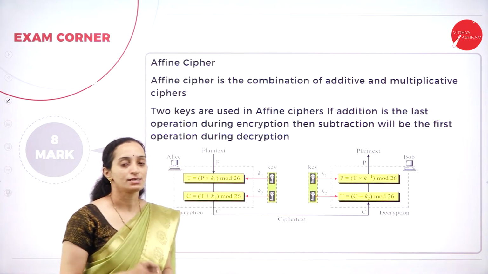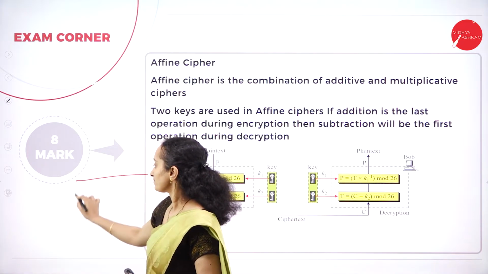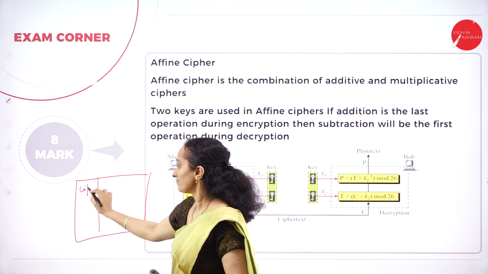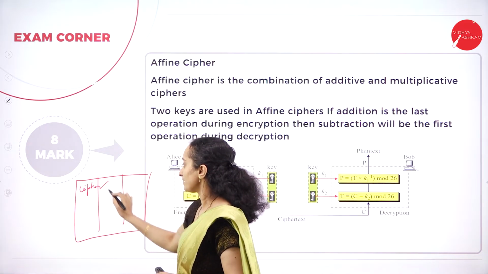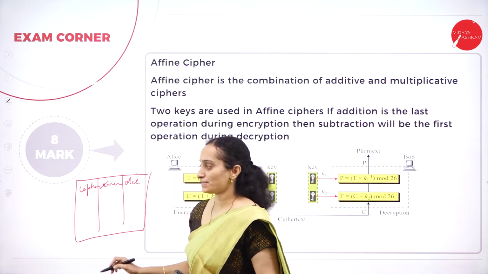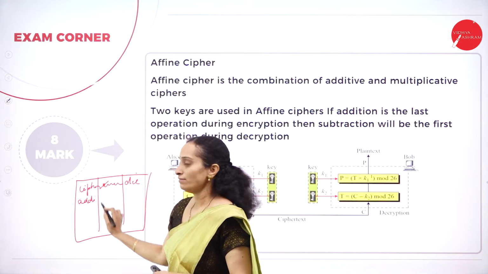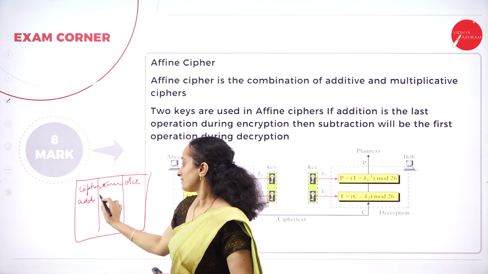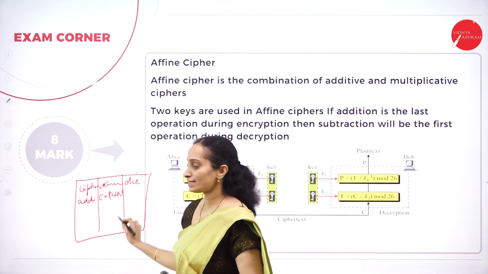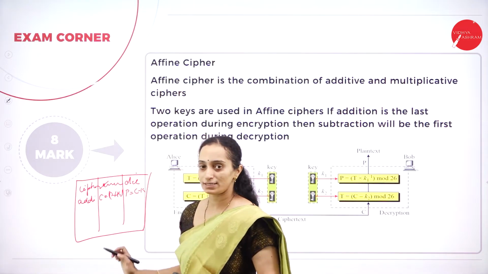So for the second unit, I want to give a suggestion here. You can put a table where you write the cipher method, encryption expression and decryption expression. Write the type of cipher, additive, and write the expression C equals P plus K mod 26, P equals C minus K mod 26.